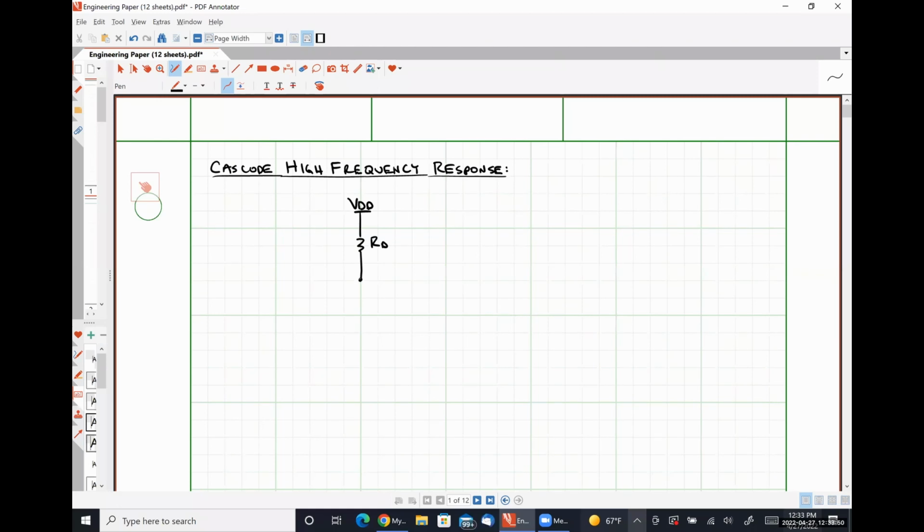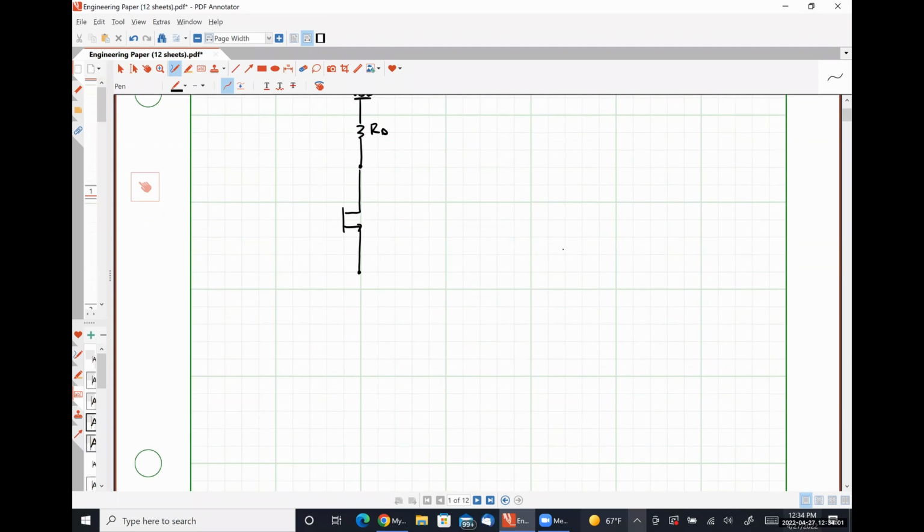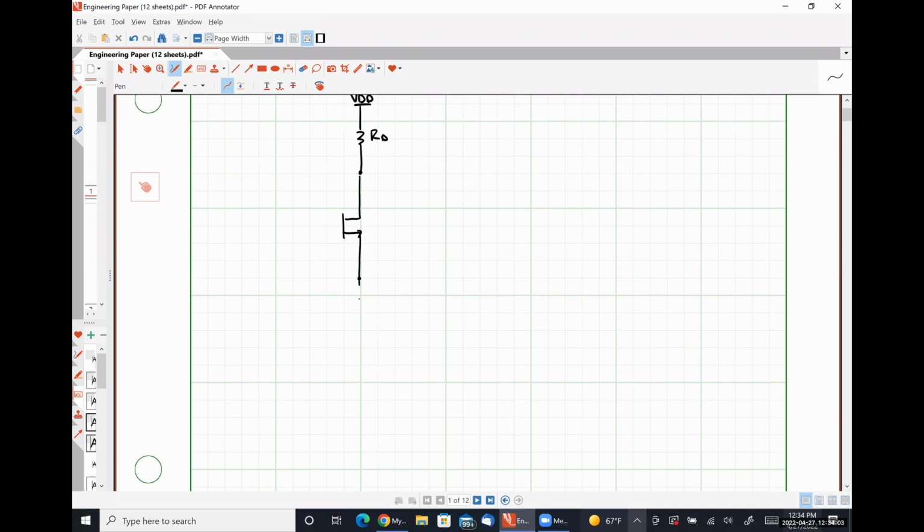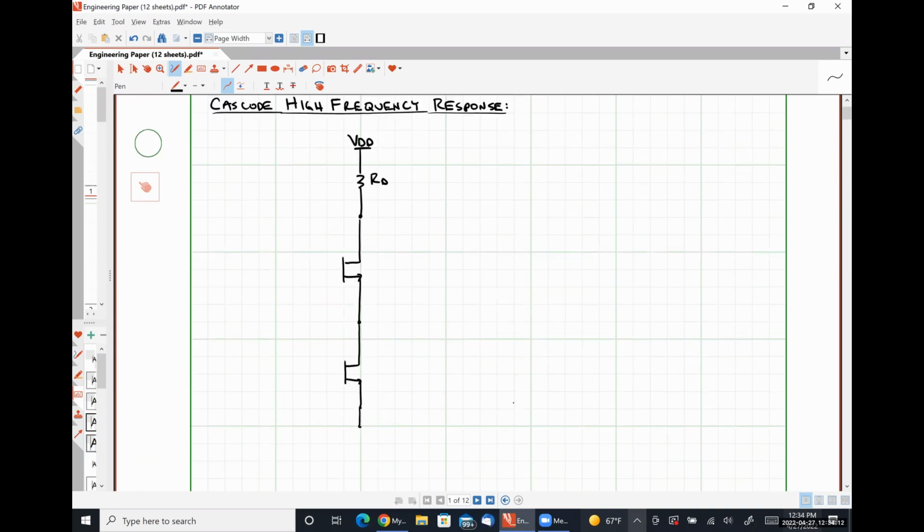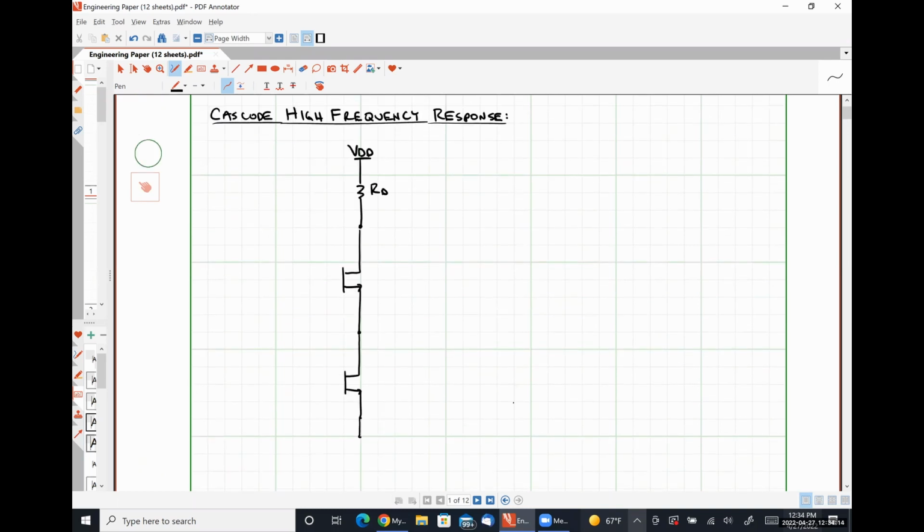And then right here is where the drain of our transistor 2 is. And then we have our connection to transistor 1, like so.